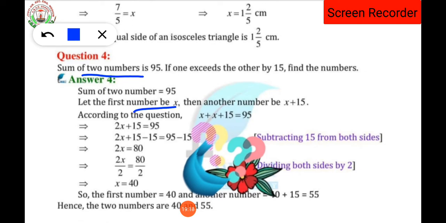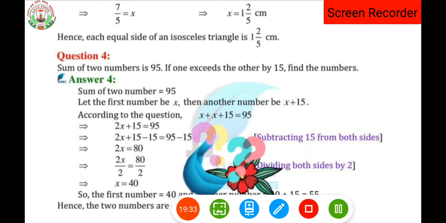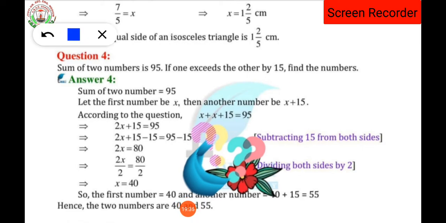So according to the question, since the sum of the two numbers is how much? Suppose a plus b is equals to 95. Understood? So one of the numbers exceeds the other number. Let the first number be x. So the second number will exceed by 15, that means x plus 15 is equals to 95.